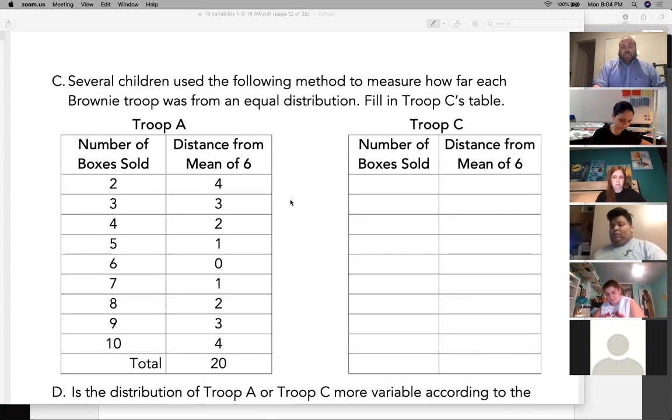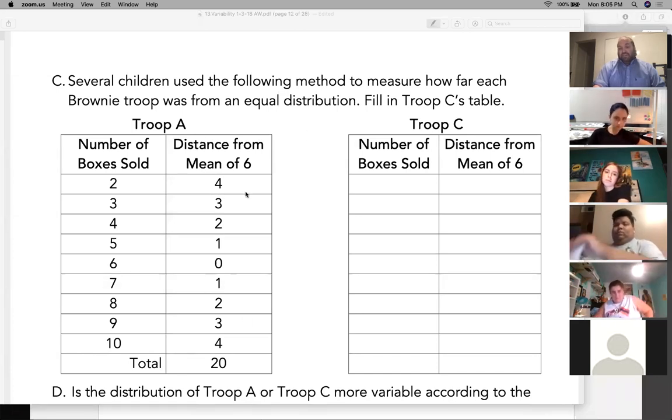Several children use the following method to measure how far each brownie troop was from an equal distribution. And we already did this on the last page. Troop A, we got 20, correct? Yes.